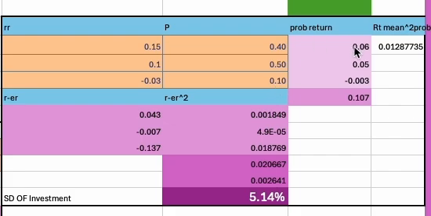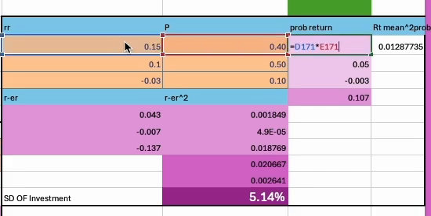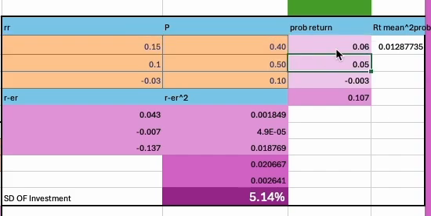So the first thing we calculate is our probability of return, which you just use these two. You're going to multiply your rate of return by your probability, and you can do that all the way down for these three.